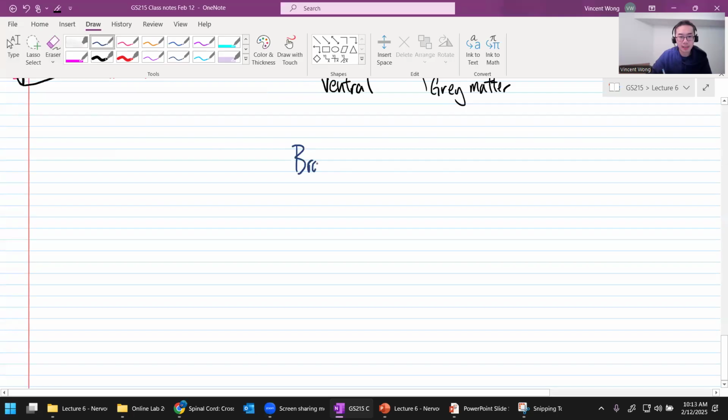Okay, so this is brain. Okay, and then we have this is like the face, the neck, the trunk. Trunk is like right here, right? With the arms and the legs, and then this is the pelvis and then the legs. Okay, trunk and arms.